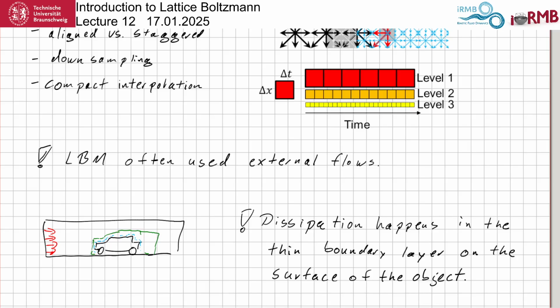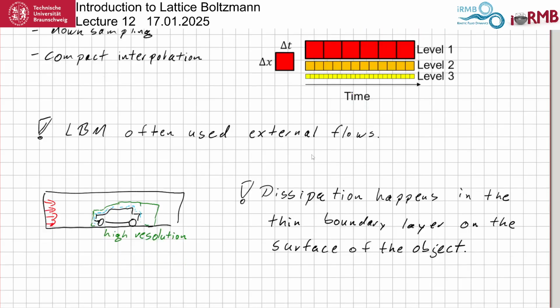Now what you would then like to do is to say, okay, let me see, you have a high resolution here at the car. At the same time, well, you need a high resolution here. There is not much dynamics far from the boundary layer.